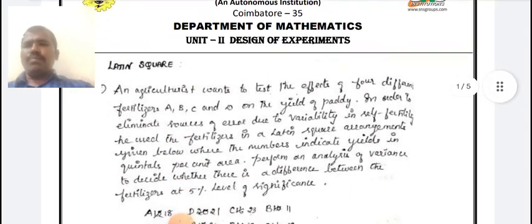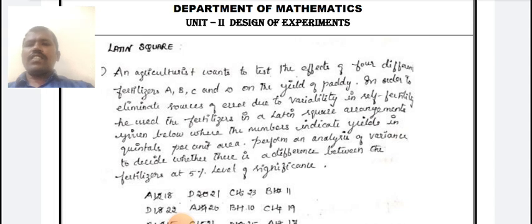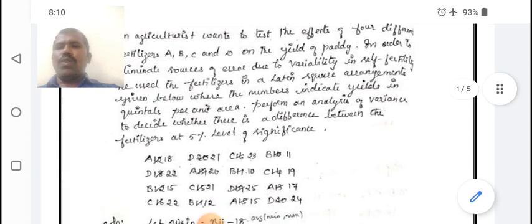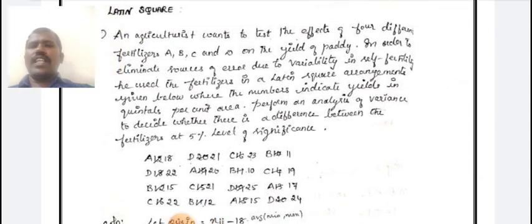Going to the problem: an agriculturist wants to test the effects of 4 different fertilizers A, B, C and D on the yield of budi, in order to eliminate sources of error due to variability in soil fertility. He used the fertilizers in a Latin square arrangement given below, where the numbers indicate yields in quintals per unit area.